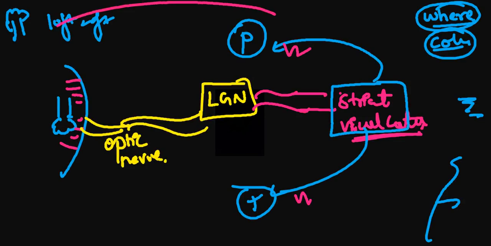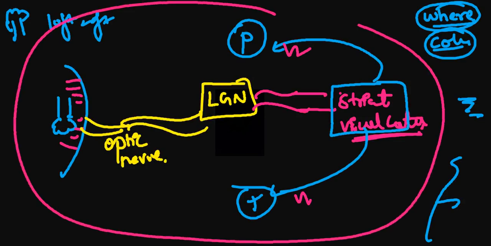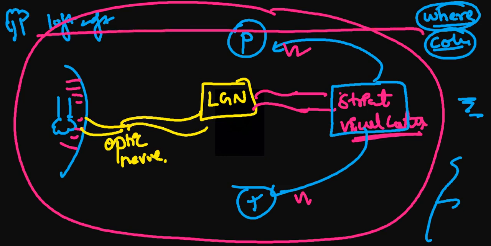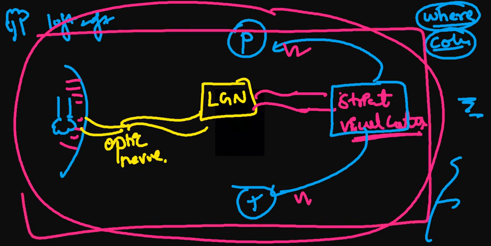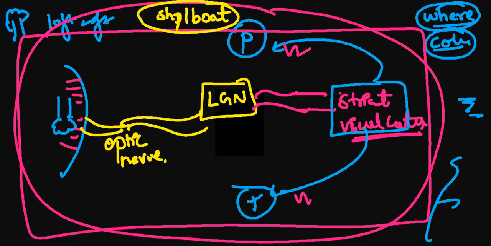Why? Because of this complex mechanism that was complex previously but not anymore now. This is so easy for you to understand how you are looking at things. It is only and only possible because of this particular processing that is happening in your brain. The image of that ship or boat or whatever you are seeing on your screen is falling inversely, in the inverted form, on your retina.